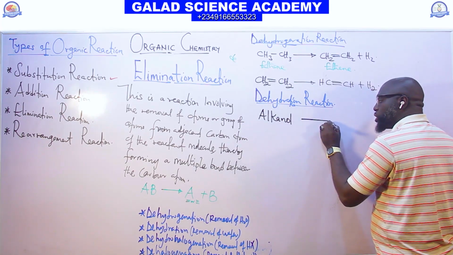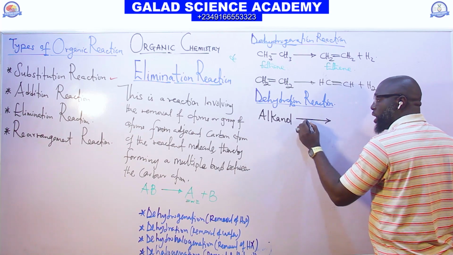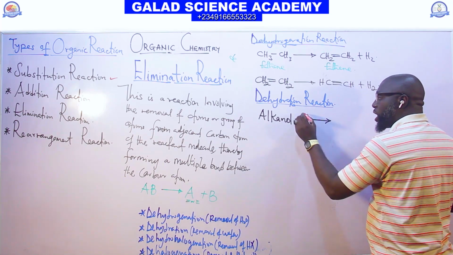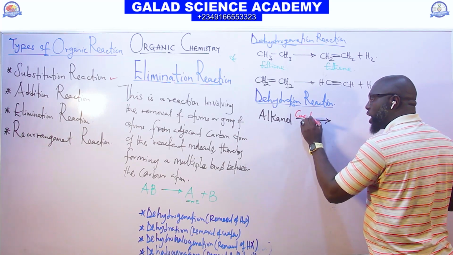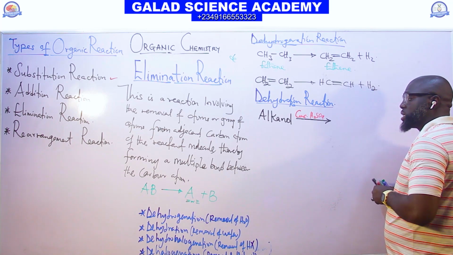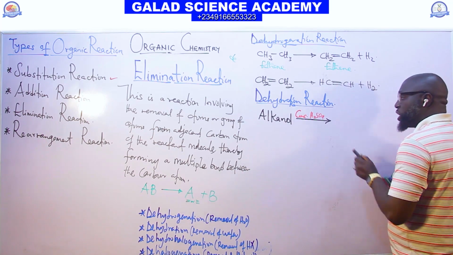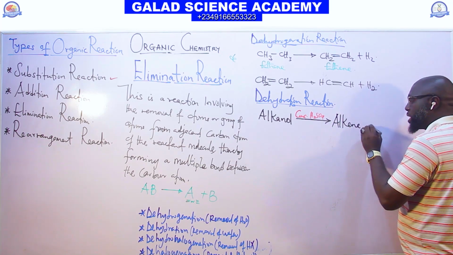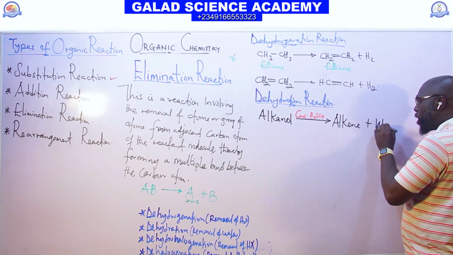If you now add conc H2SO4 here, the conc H2SO4 will dehydrate alkanol to give us alkene plus water.